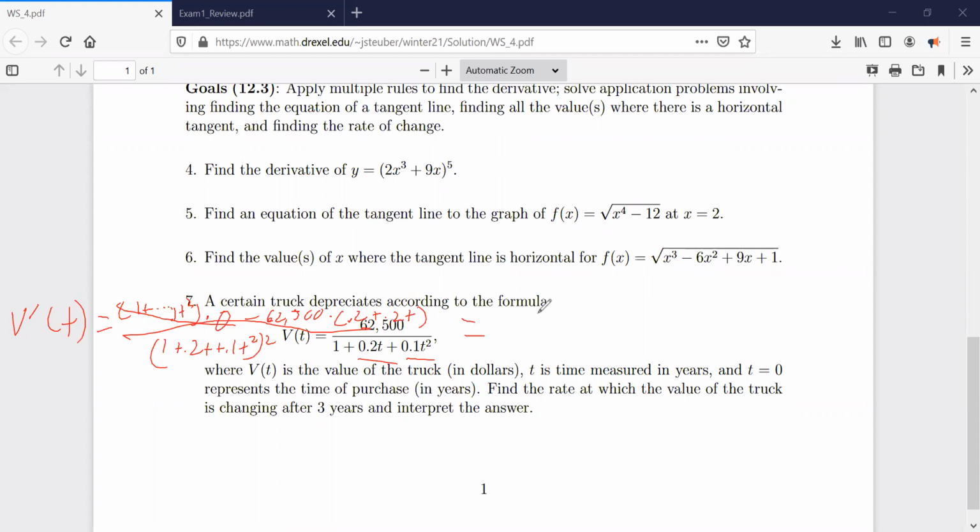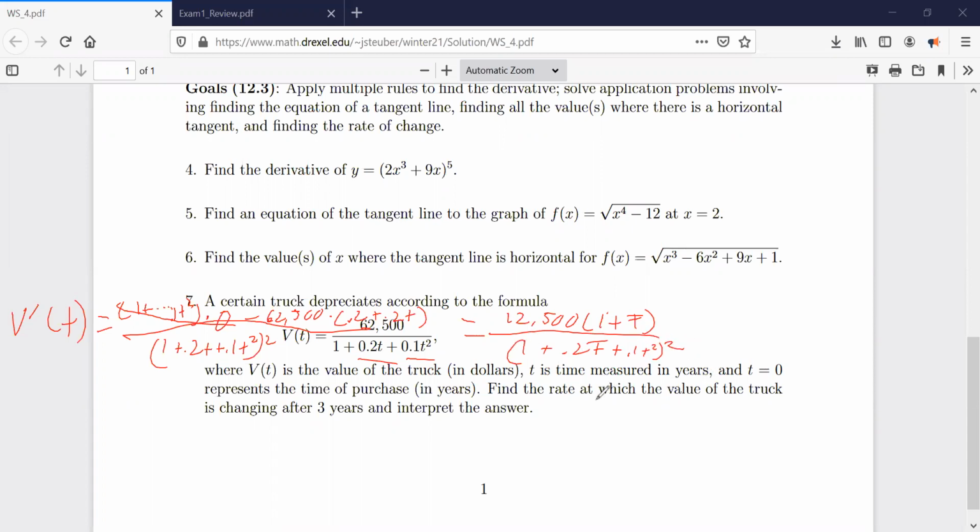You can just divide through this whole thing by 5, and then you would get 12,500 times (1 plus t) all over (1 plus 0.2t plus 0.1t squared) all squared.